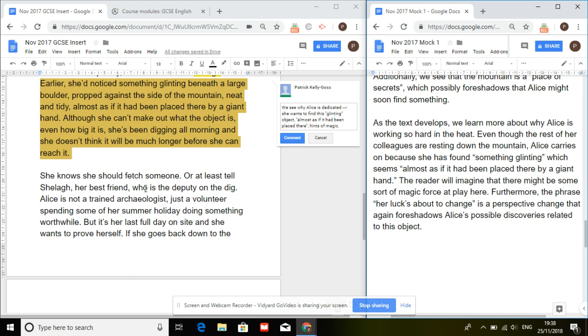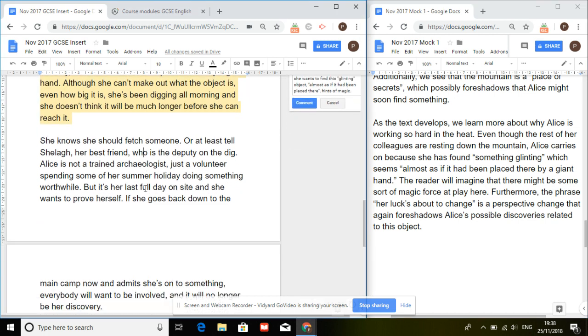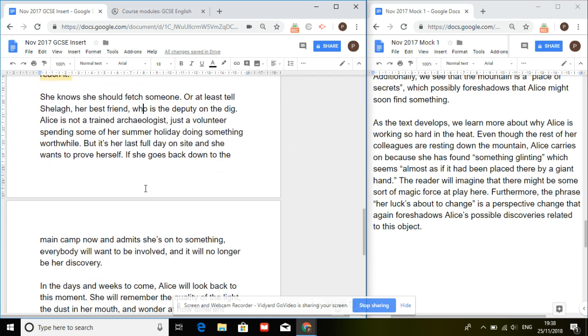So then, as we go on, we find out a little bit more. We find out that Alice knows she's doing wrong. She knows she should fetch someone. She is not following the rules.